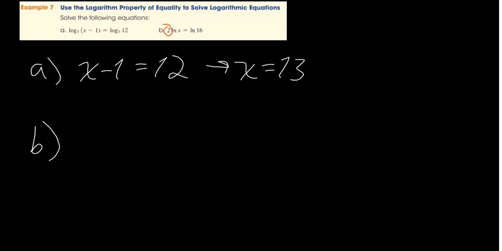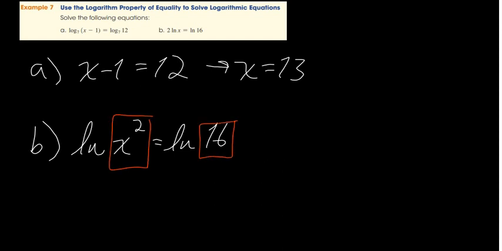Lucky for us, we have our power rule, so we can rewrite this as the natural log of x squared, and that's going to be equal to the natural log of 16. Now we have the same argument, so my arguments here are x squared and 16. Since we have the same argument, we can now equate those two together. So we're going to have x squared is equal to 16.